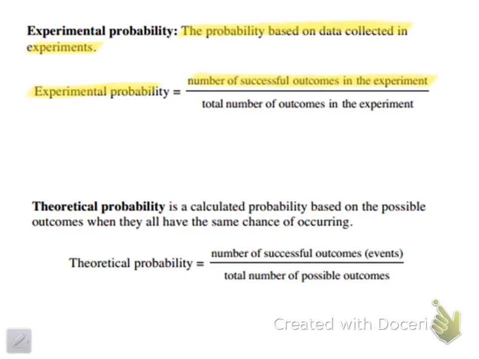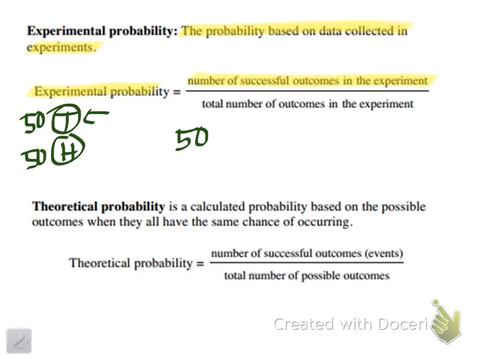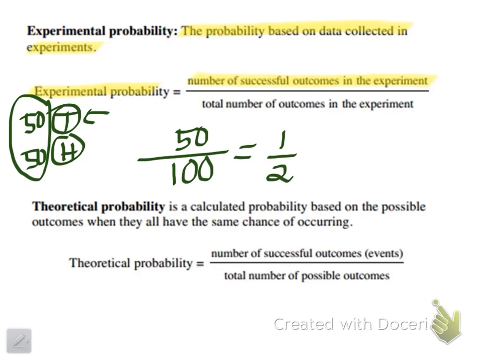So like I said, if I had done an experimental probability for flipping our coins when I got 50 tails and 50 heads, and remember I wanted tails, that was my event. So I would have 50 successful outcomes of getting my tails over the total number of outcomes in my experiment, which was 100. Therefore, my probability is 1/2 or 50%.